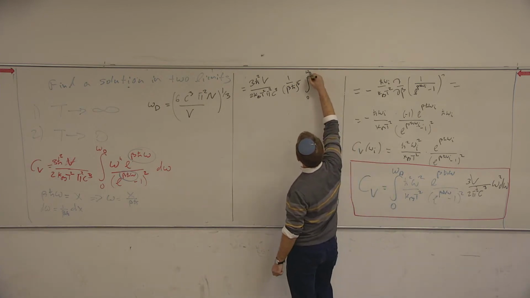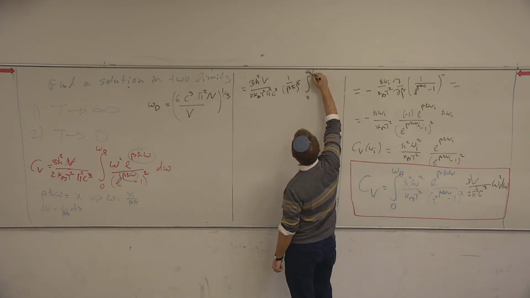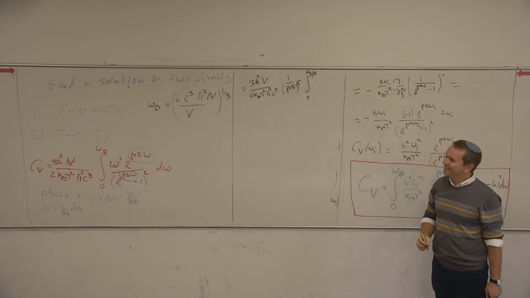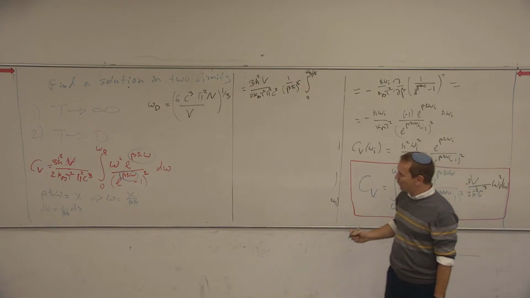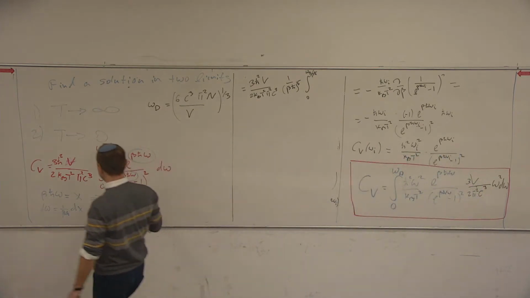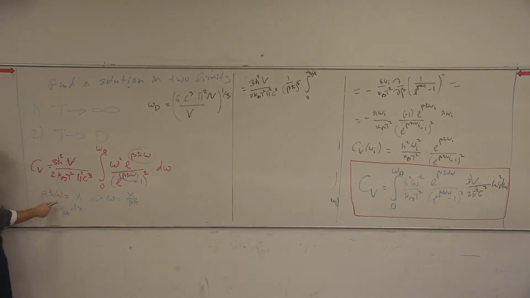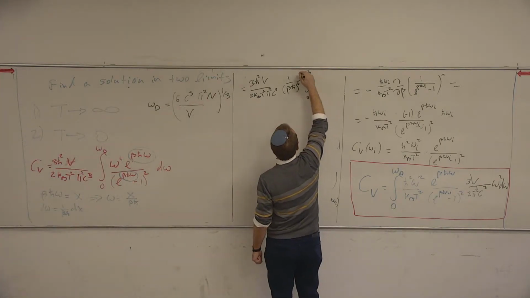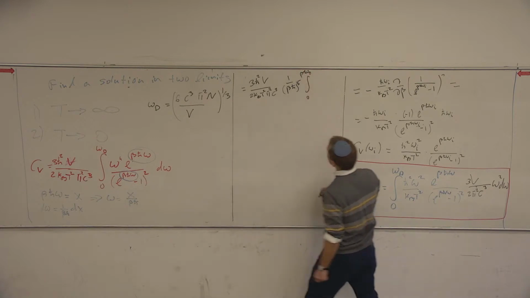What is the maximal x? x grows from 0: when omega is 0, x is 0. When omega equals omega_D pi, x equals beta h bar omega_D pi.